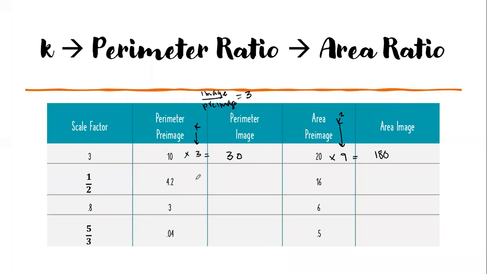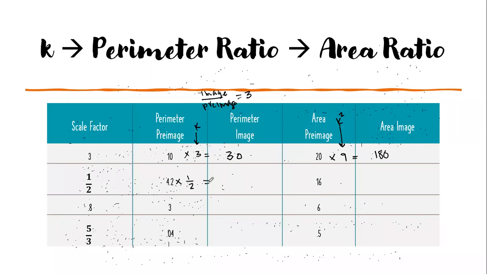Okay, we won't do all of these. We'll just do the second one and then I'll move on to the last slide. So if my scale factor is 1/2, my perimeter of my pre-image is 4.2. How will I find my perimeter image? Good. So 4.2 times 1/2 is 2.1.